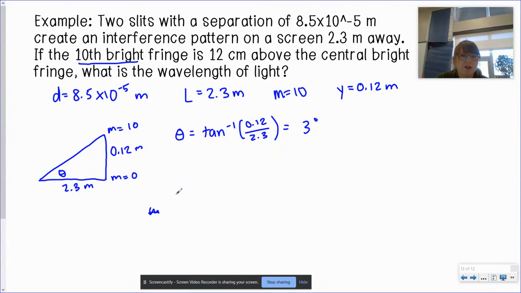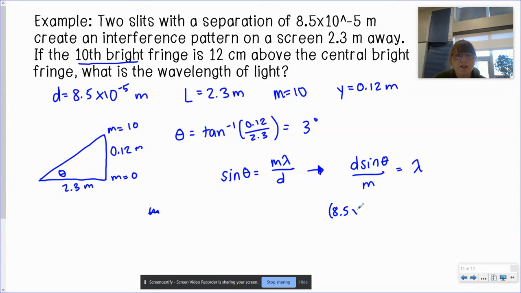Then we can use our other equation, which is that the sine of theta equals m lambda over d. We're trying to figure out lambda, so let's rearrange this into d sine theta over m.